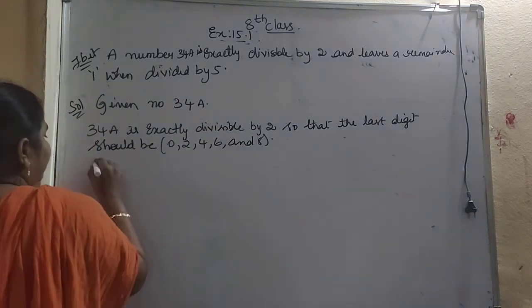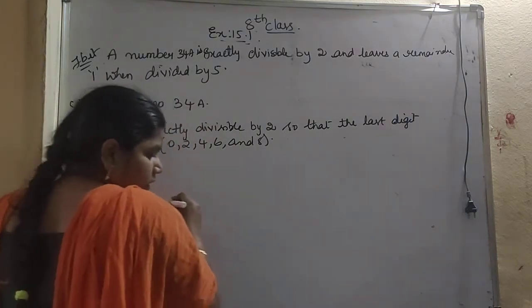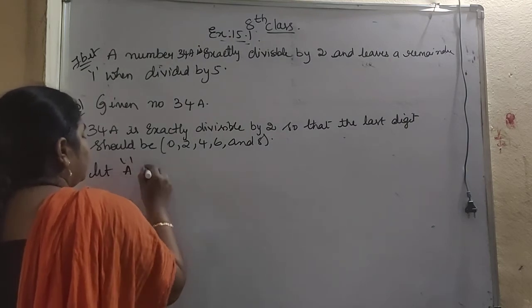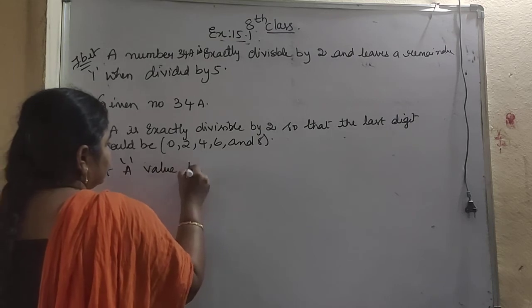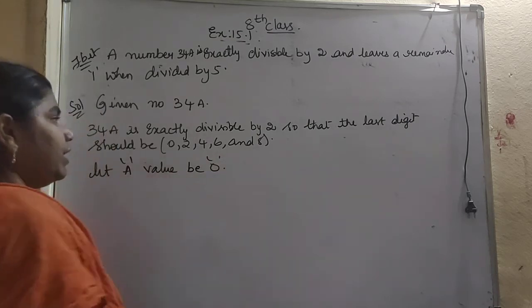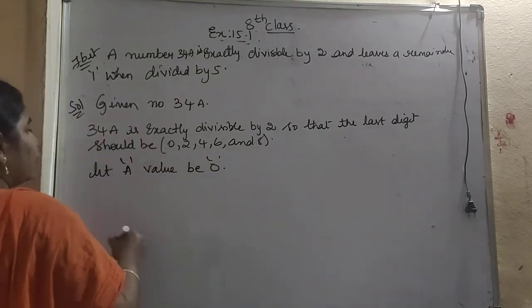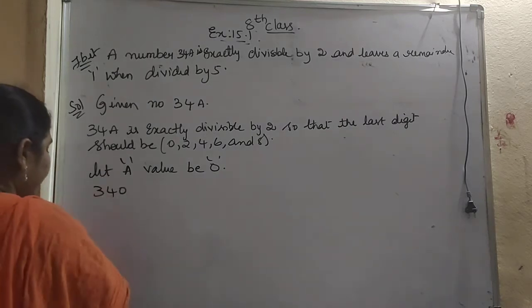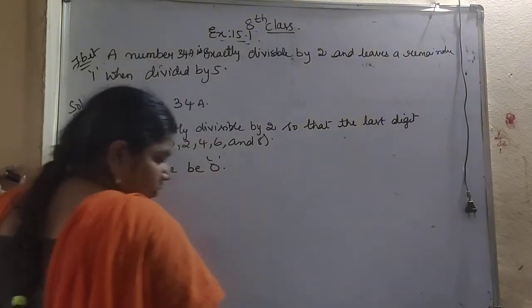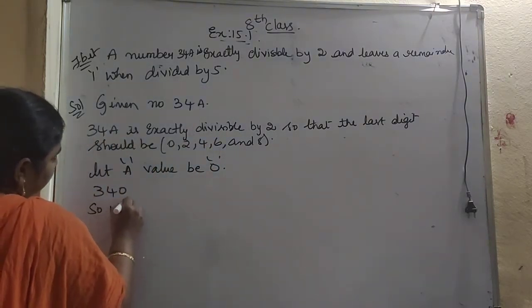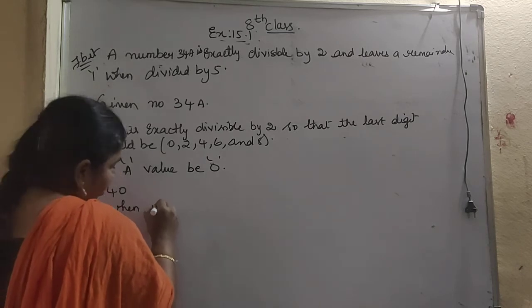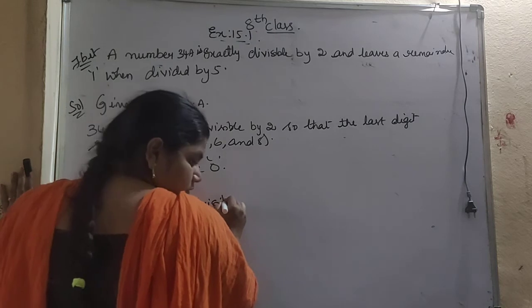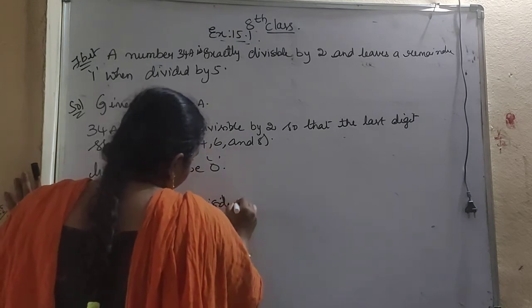Let the a value be 0. So I am taking a as 0. What is the number? It became 340.